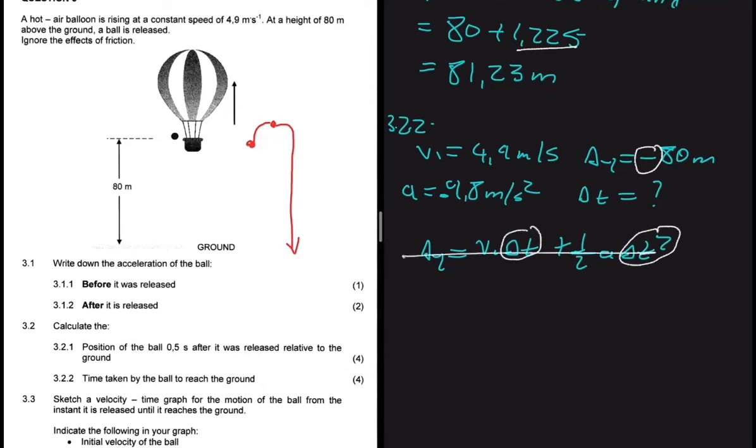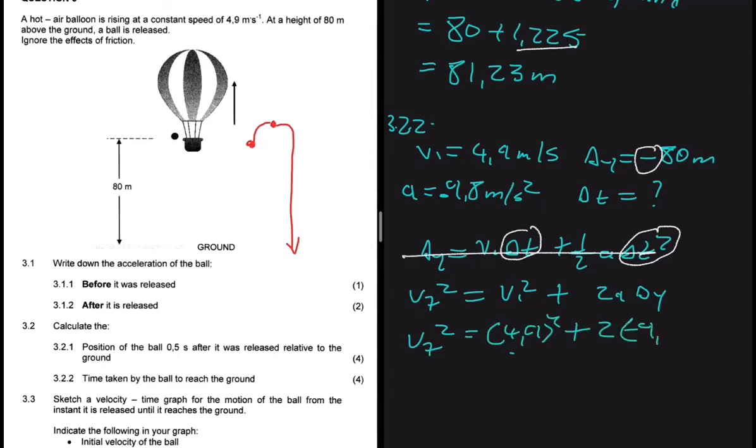So what I'm going to do first, I'm going to find Vf using Vf squared is equal to Vi squared plus 2a delta y. And then when I'm done with that, I'm going to use Vf is equal to Vi plus a delta t to find the time. But let's do that first. So Vf squared is equal to Vi, which is 4.9 squared, plus 2 multiplied by acceleration.